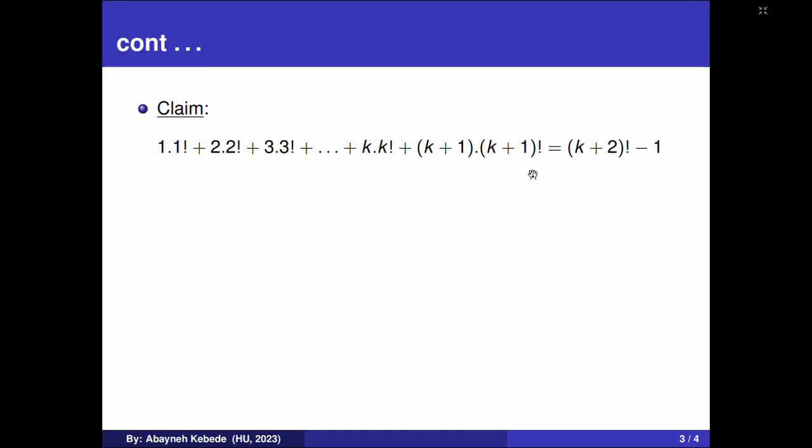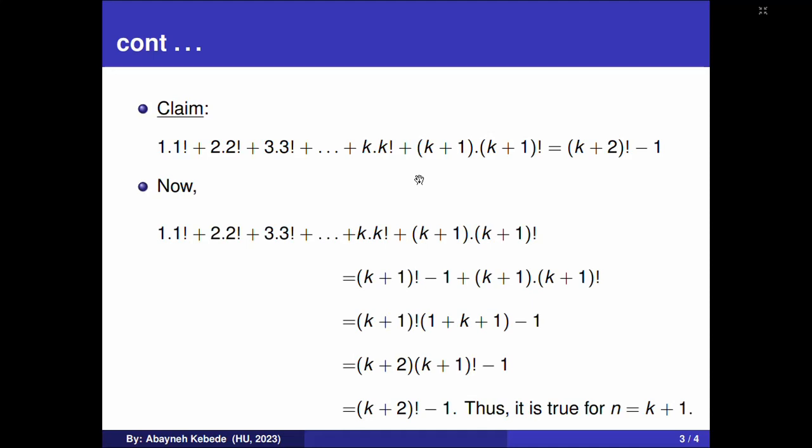To obtain such a result, let us start from the left hand side of our claim. That means 1 times 1 factorial plus 2 times 2 factorial plus 3 times 3 factorial plus k times k factorial plus (k plus 1) times (k plus 1) factorial.